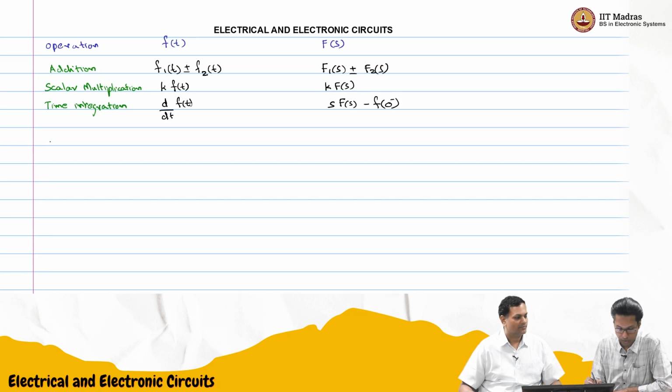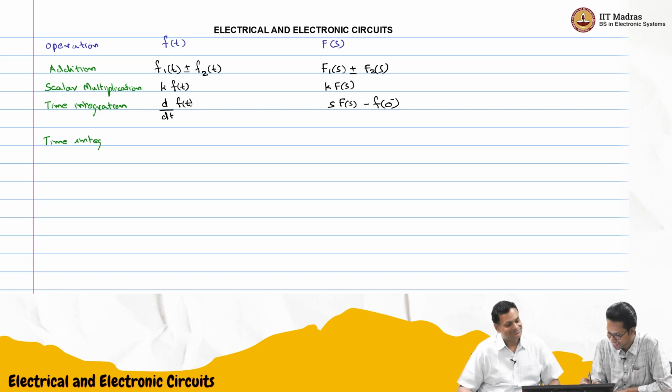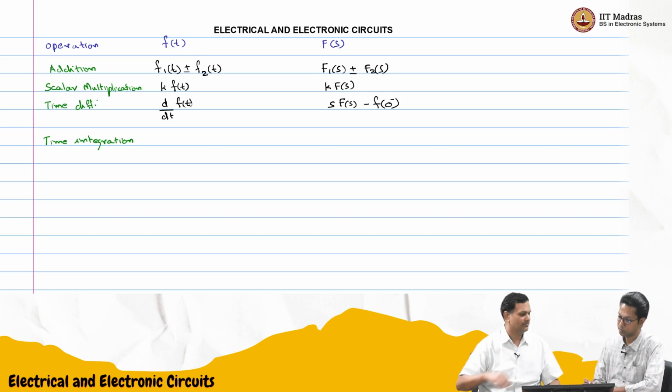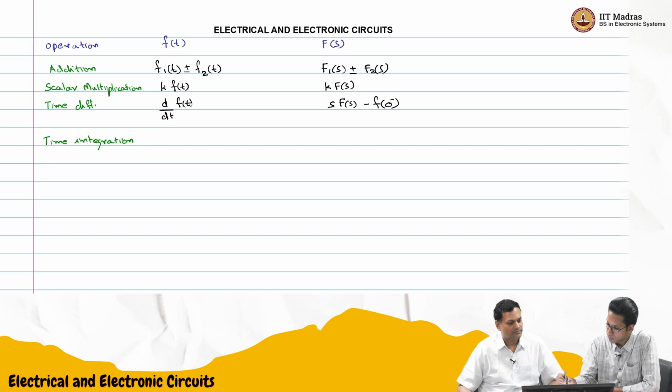Then we will do time integration. Sorry, here I wrote integration, but it was time differentiation. So, the integral of f of t dt, from 0 minus to t or something like that.